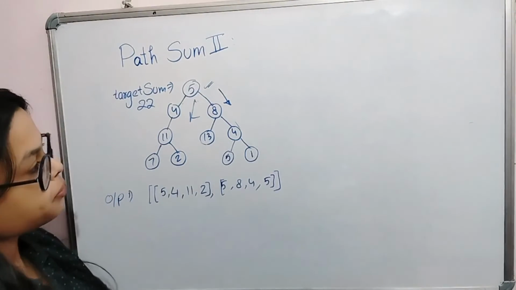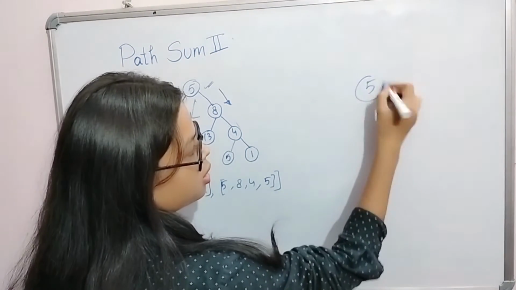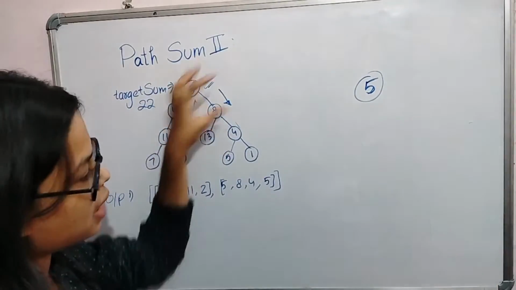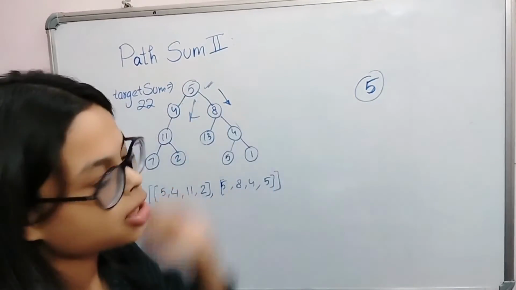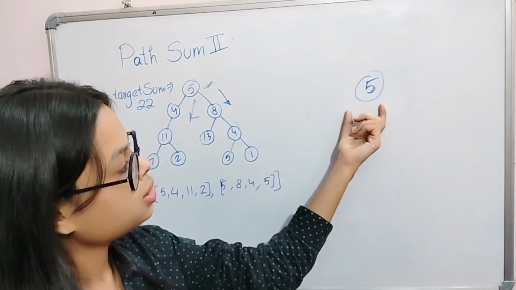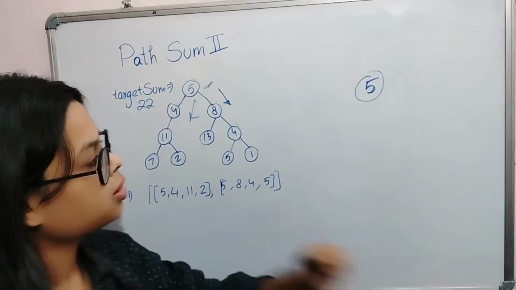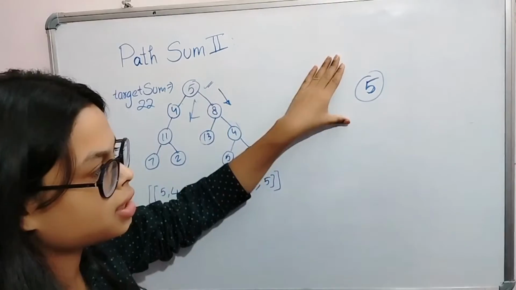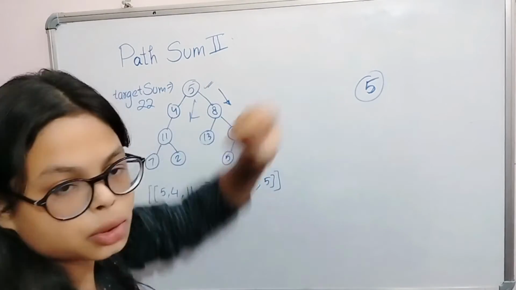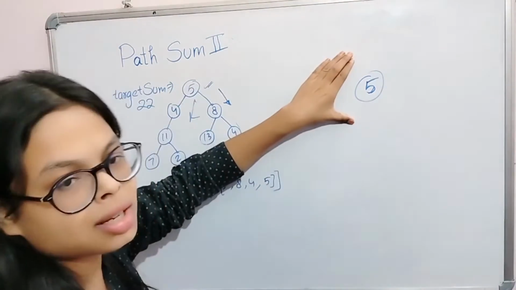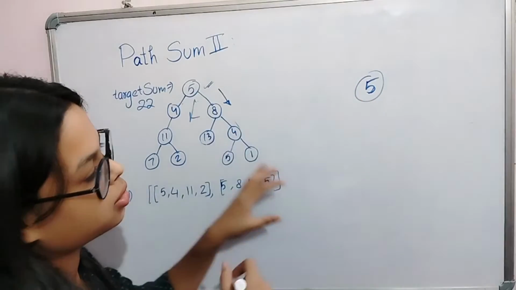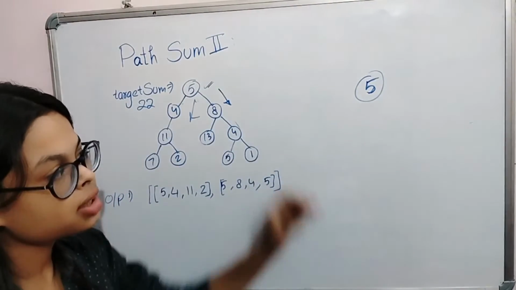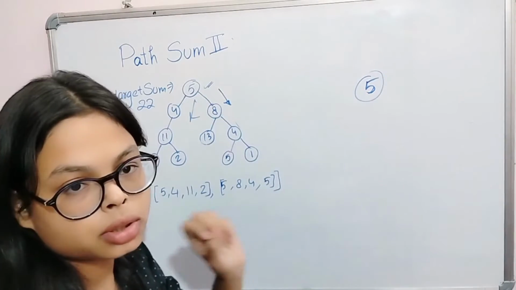So let's say we don't have this tree, we just have 5. First thing we can say is, if we have only 5, we'll check whether it is a leaf node. It is a root node as well as a leaf node.